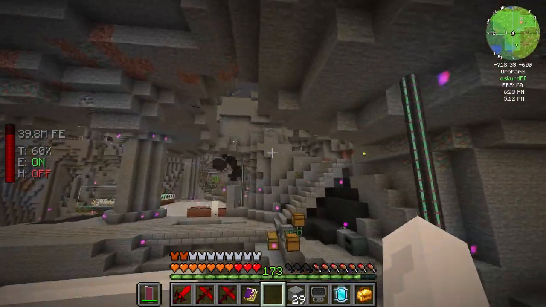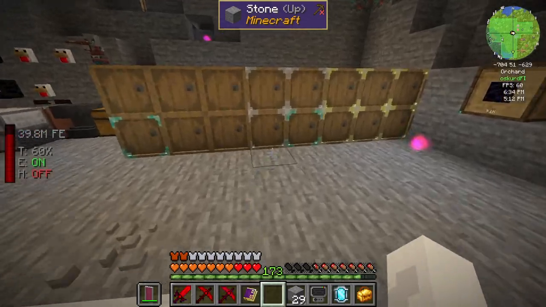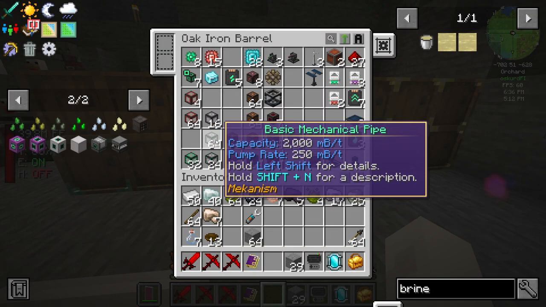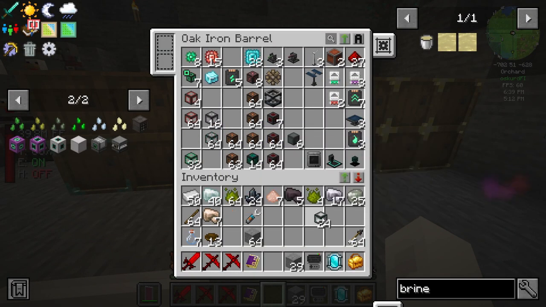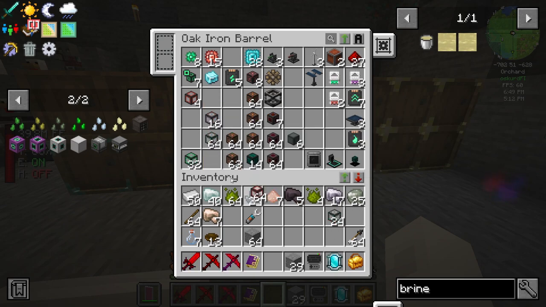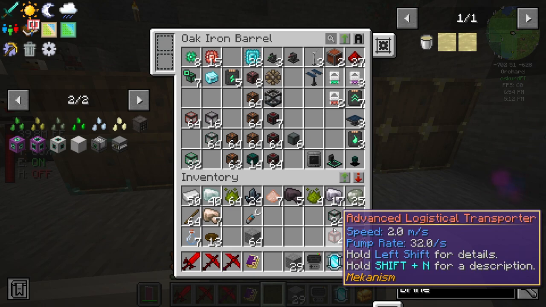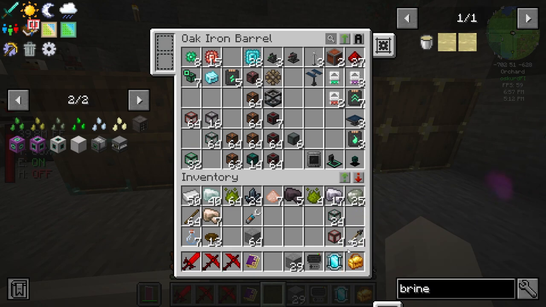And while that's happening, Mekanism pipes, not many. Liquid pipes. Then we also need item pipes for that lithium. So let's have that.